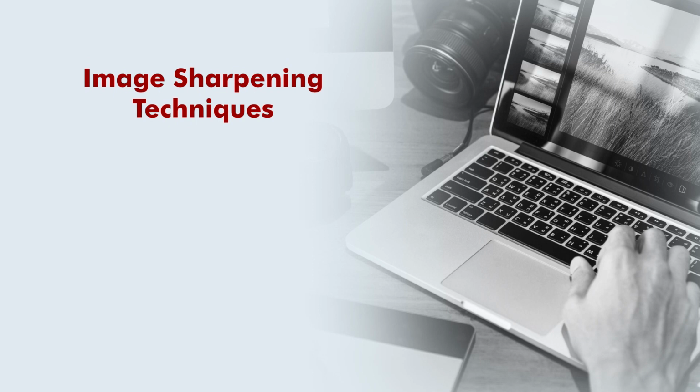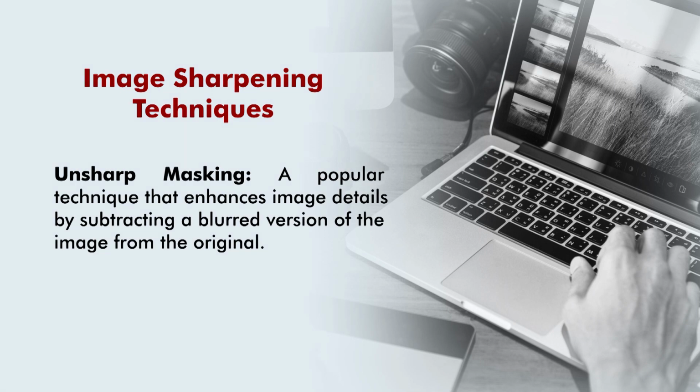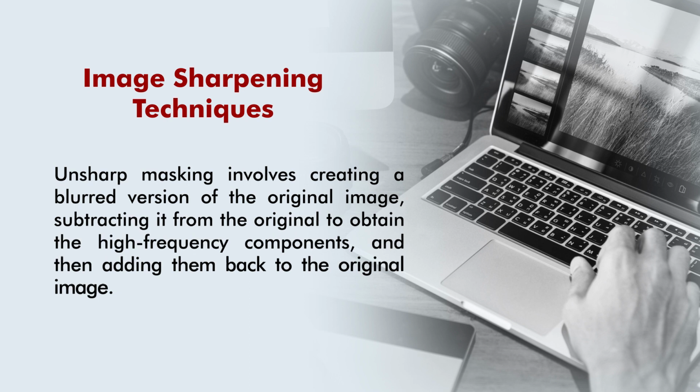So what are image sharpening techniques? First is unsharp masking. It is a popular technique that enhances image details by subtracting a blurred version of the image from the original. Unsharp masking involves creating a blurred version of the original image, subtracting it from the original to obtain the high frequency components, and then adding them back to the original image.